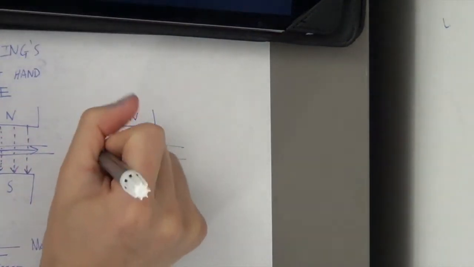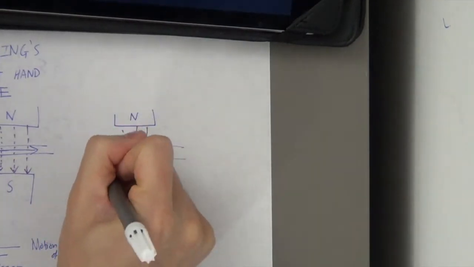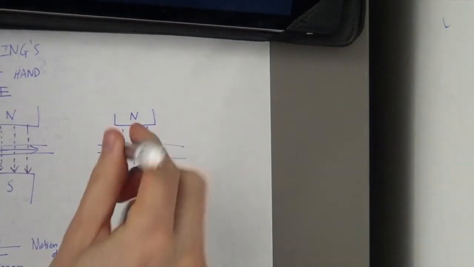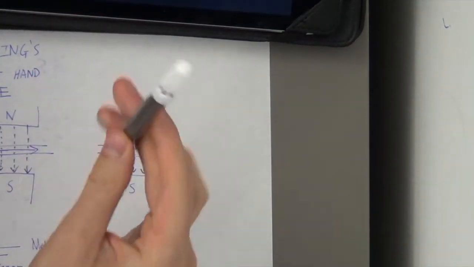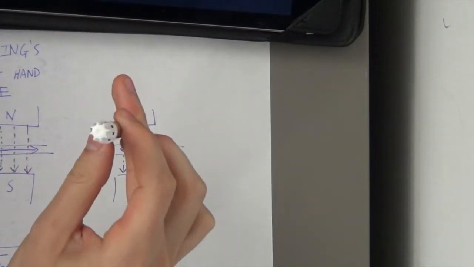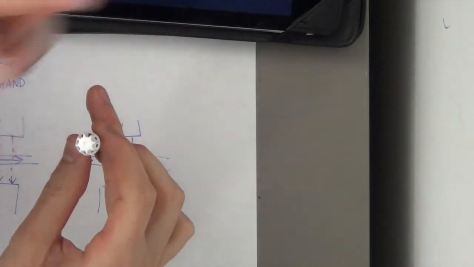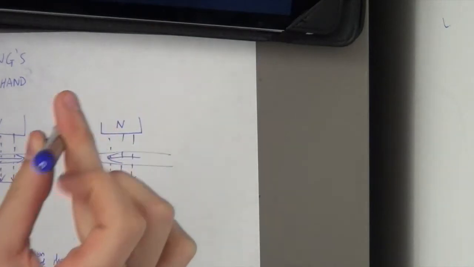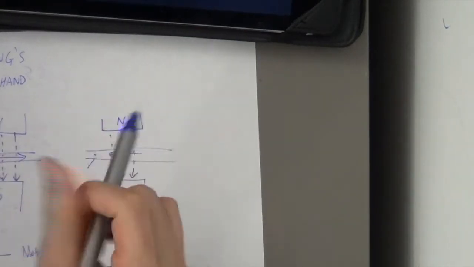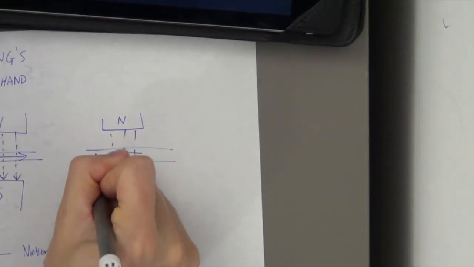How do we denote that? By a dot, which signifies the tip of an arrow, as if the arrow is pointing towards you. So into the paper is the end, the feathers of the arrow, the cross sign, and if it's coming out of the piece of paper, it's a dot, the tip of the arrow. So it's out of paper.